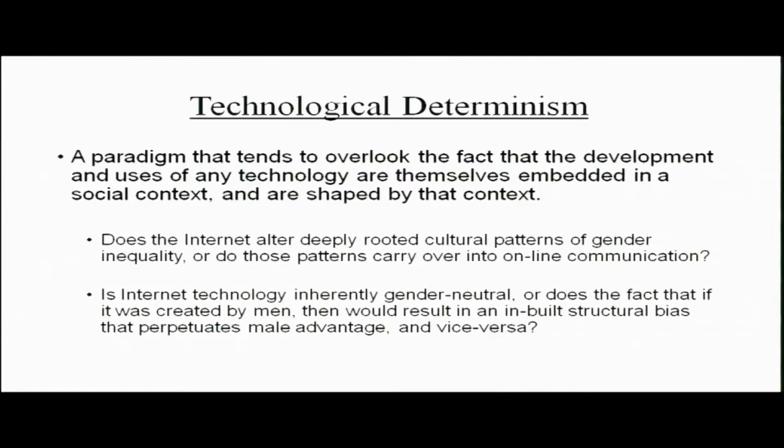Oftentimes it turns out to be true that the data that is fed in is gender biased, and therefore much of the search results that you see on the internet have a gender bias. A lot of academic work has been invested to find out how and why this data is gender biased, and much of this work comes from the area of artificial intelligence, AI.